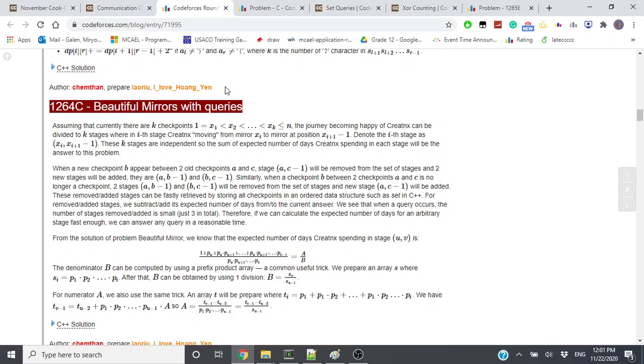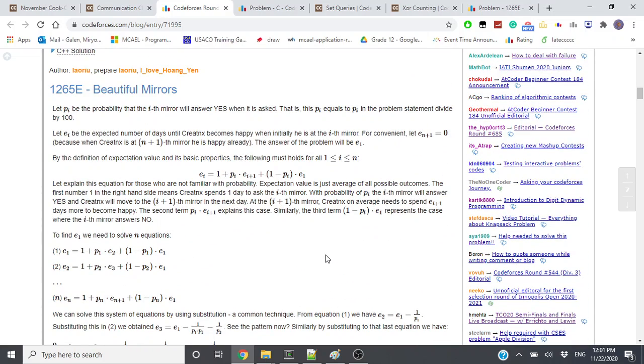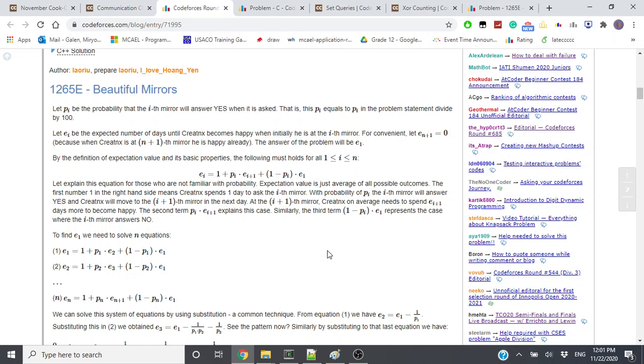Pretty sure we can just apply this and be done. We apply whatever this math is and then figure out how to do this. So p_i would be the probability that the ith mirror will answer yes. Yes, sure. That's exactly what the statement gave.